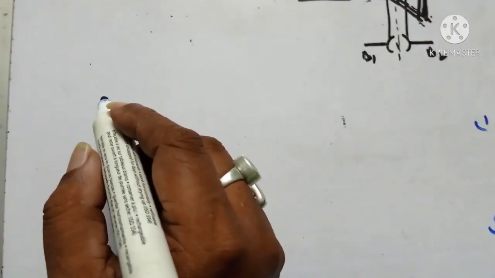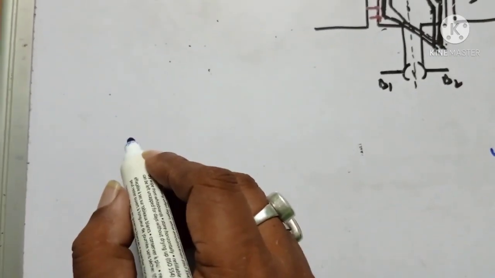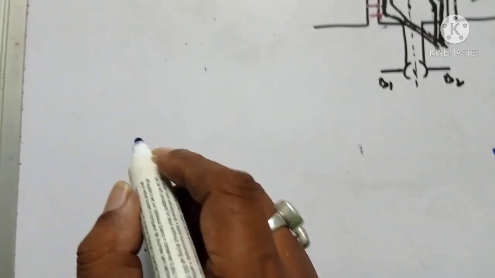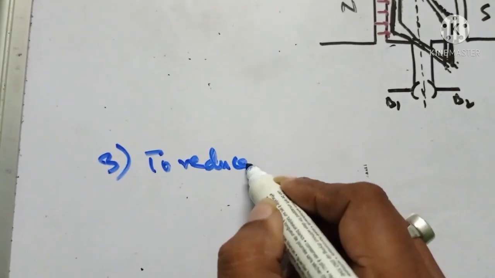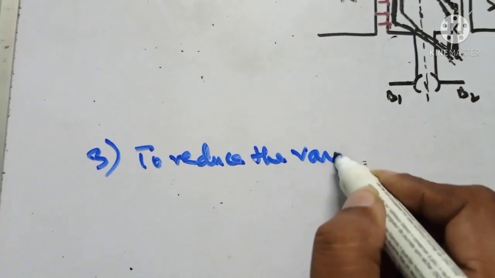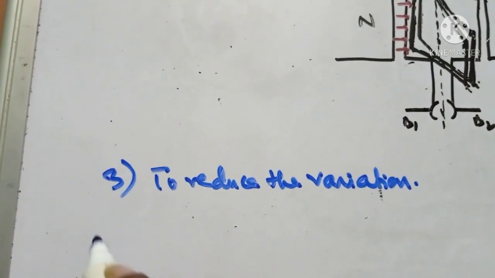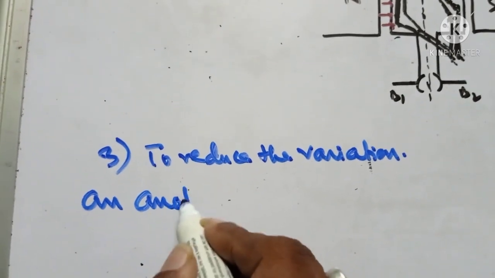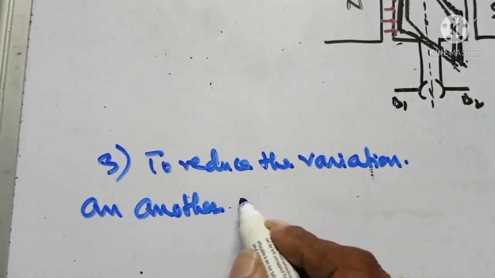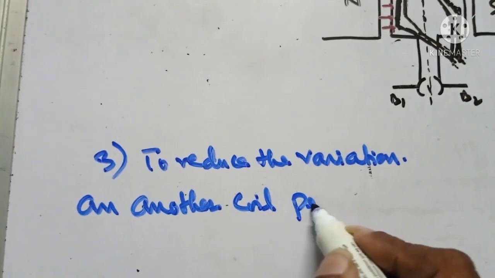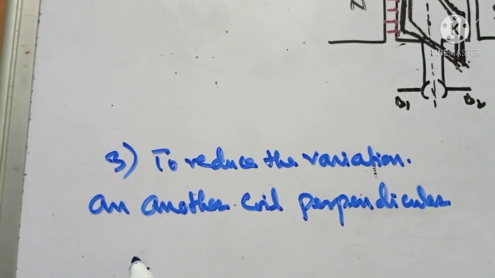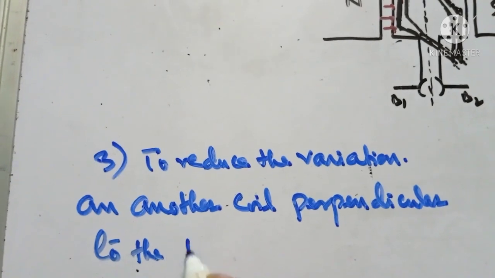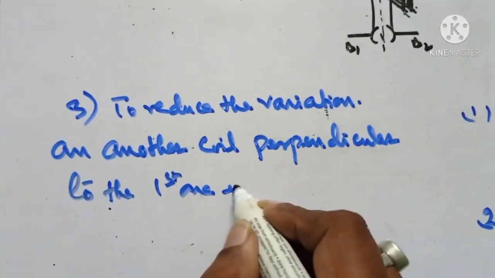Now third, to reduce the variation, another coil perpendicular to the first one is added.